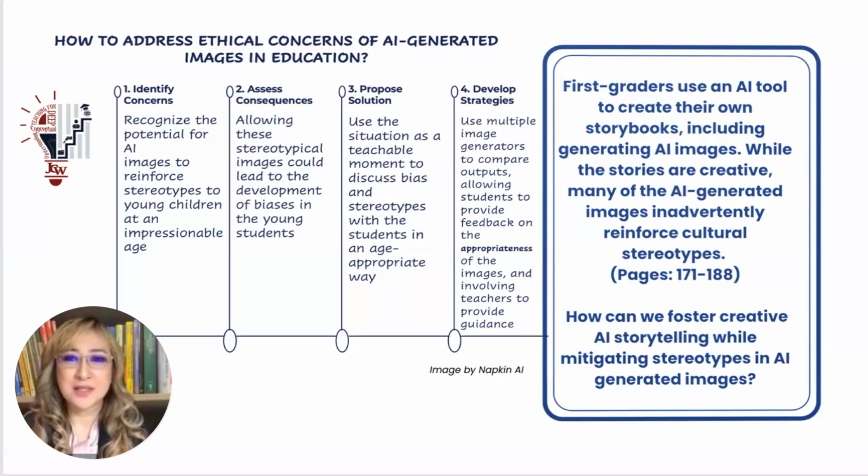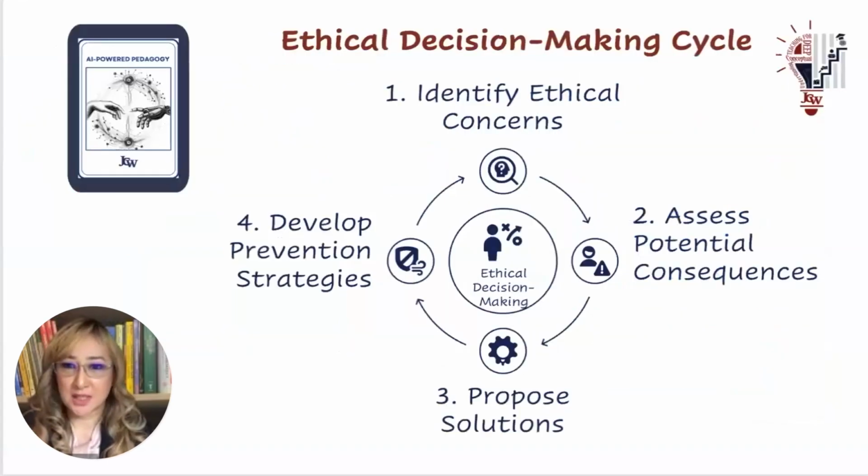But I want to demonstrate to my students that actually look at these 5 image generators and what they generated, and then look for ones that perhaps are not so stereotypical and that reflect society and also reflect the diverse culture in their classroom. So they're the 4 stages. Let me just go back and show you. These are the 4 stages, the ethical decision-making cycle when you're faced with any kind of AI ethics problem.